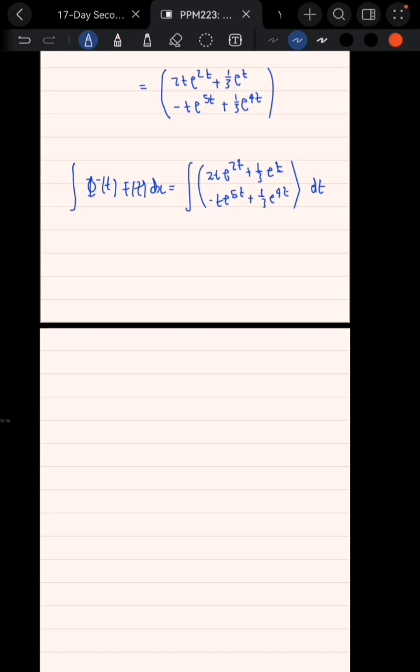Then we integrate the first row, 2t e to the power 2t. Make use of integration by parts.